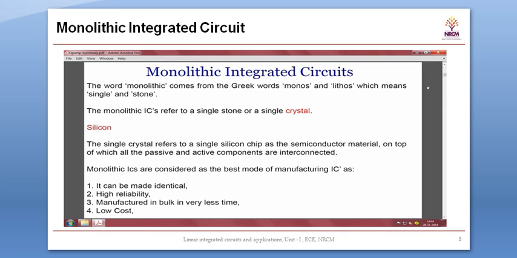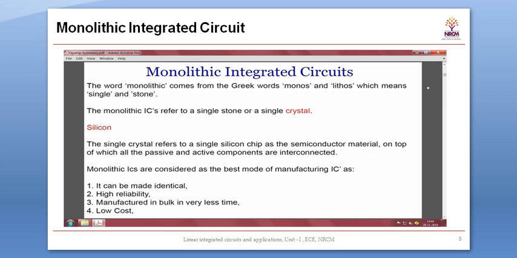The monolithic process makes low cost mass production of ICs possible. Also, monolithic ICs exhibit good thermal stability because all the components are integrated on the same chip very close to each other.